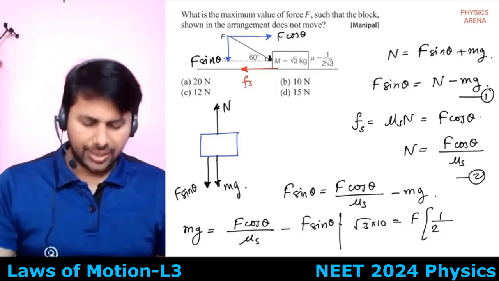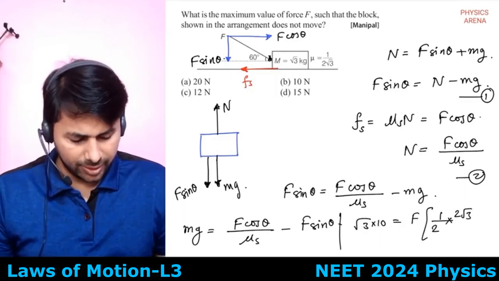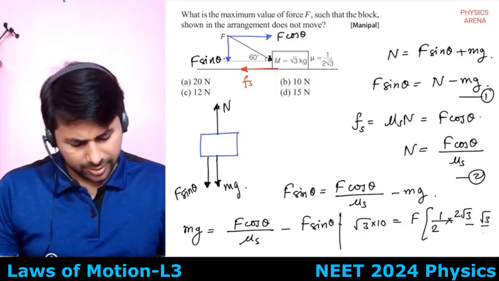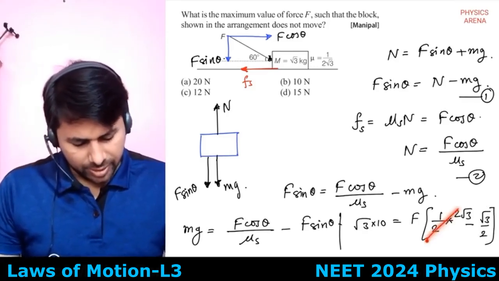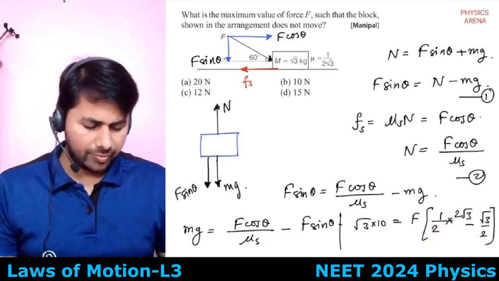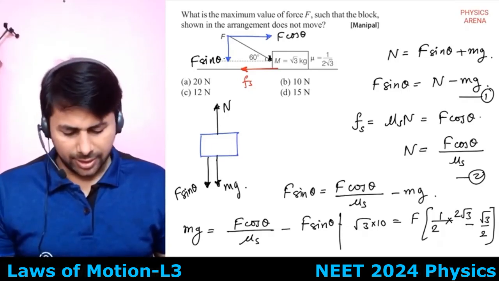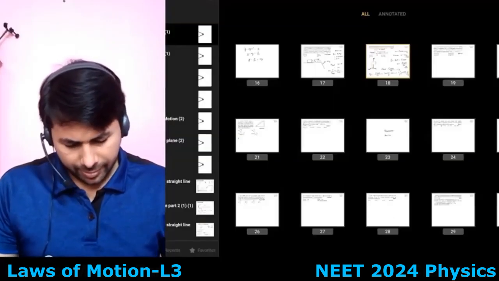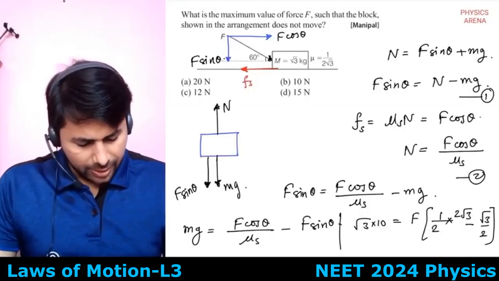So dividing by 1 upon 2 root 3 is equal to multiplied by its reciprocal 2 root 3, and minus F sine theta. So it is root 3 by 2. So this 2 gets cancelled. You have root 3 minus root 3 by 2, which will be root 3 by 2. And then what do you get?